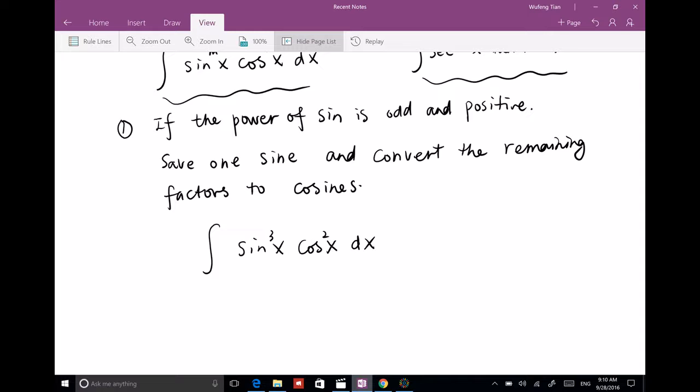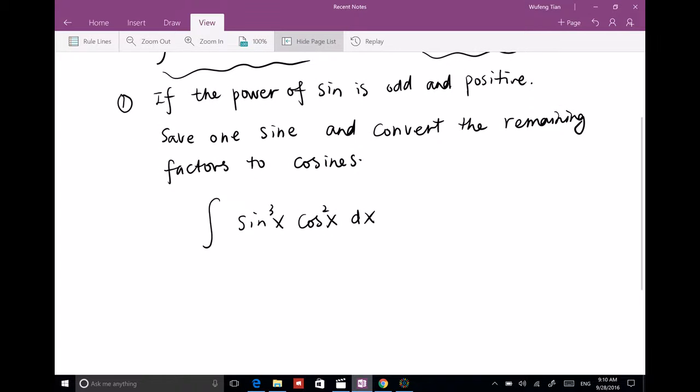So here, what do you think I can do? We have a sine and a cosine.